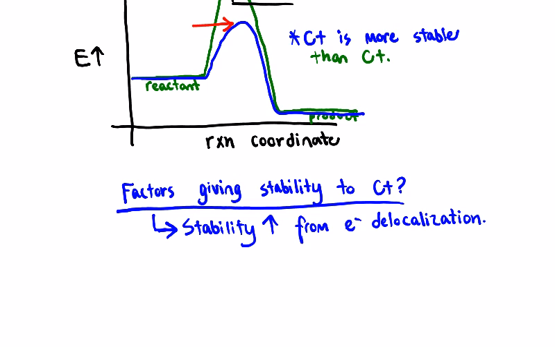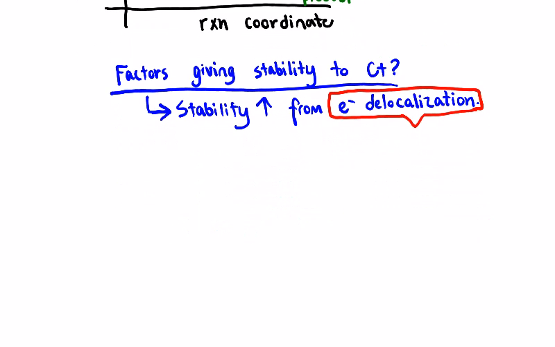And there's a couple of main ways that we can go about delocalizing electrons or sharing electrons, spreading them out over multiple atoms. The two main ways of electron delocalization are that electrons can be delocalized via induction, which we could really think of as the polarization of bonds, where, for example, alkyl groups are electron donating.